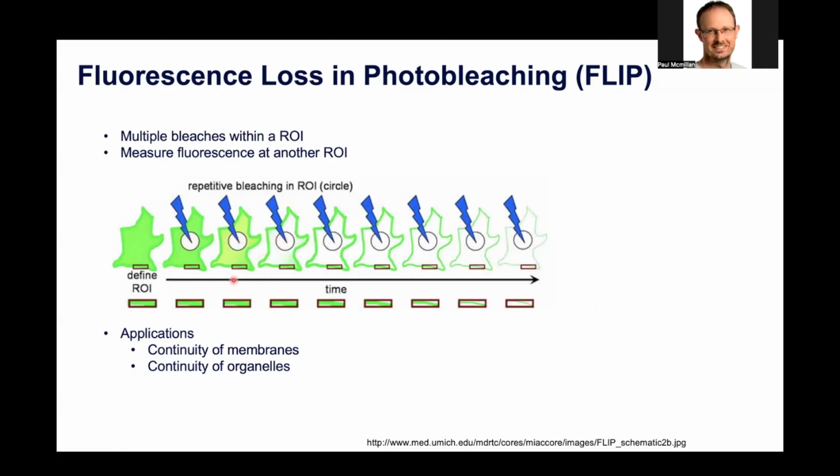What we're looking at is the connectivity, the continuity between the other parts of the cell with the region that we're bleaching out. Over time, you can see the cytoplasm is highly connected with this region. And over time, the membrane does start to lose intensity. So it does suggest that it is connected in some way.